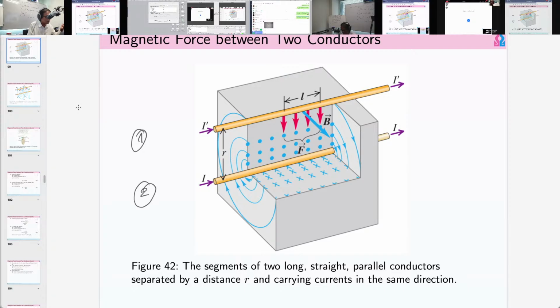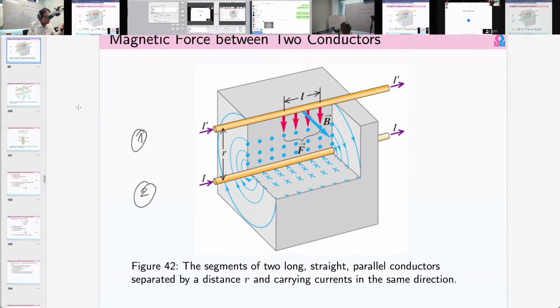For generality, we assume that the first conductor has a current of amount I prime, from left to right, like this. The lower one, which is the second conductor, has a current denoted by I, without prime.